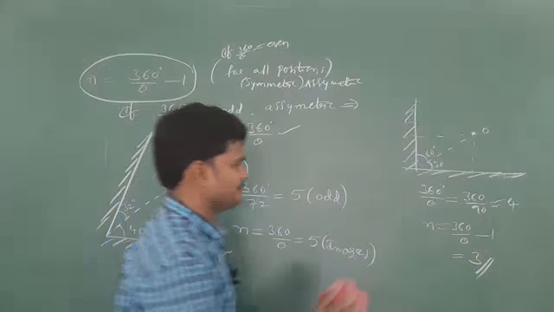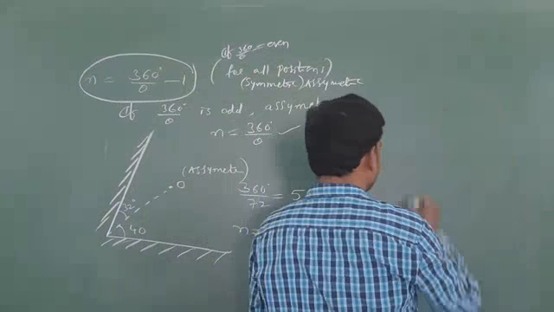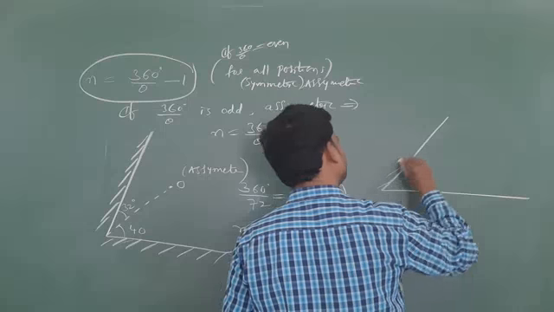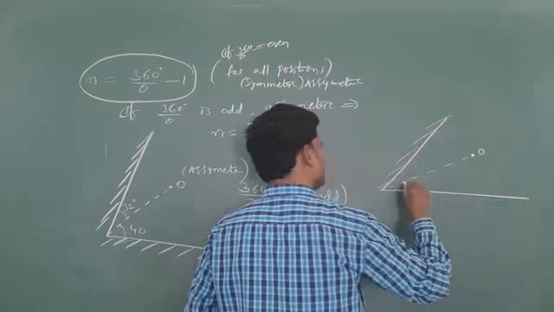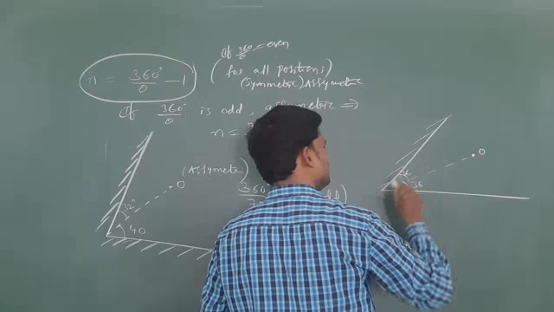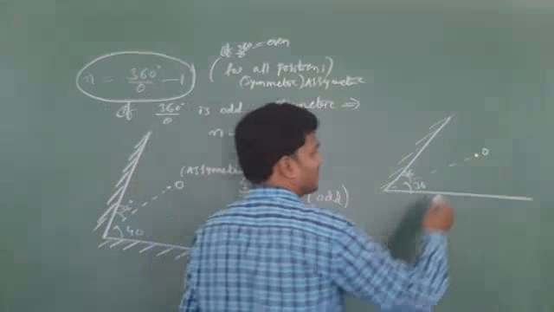Suppose they gave the same thing. Observe carefully now. Angle is 72. So 36 on each side. 72, symmetric.